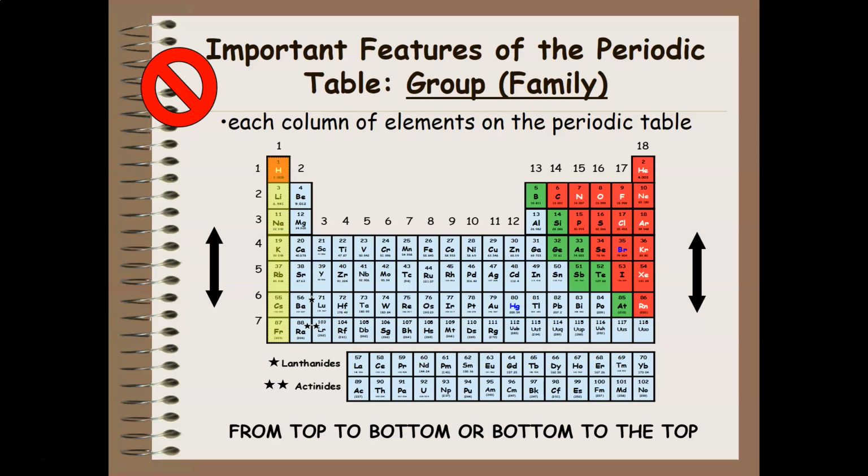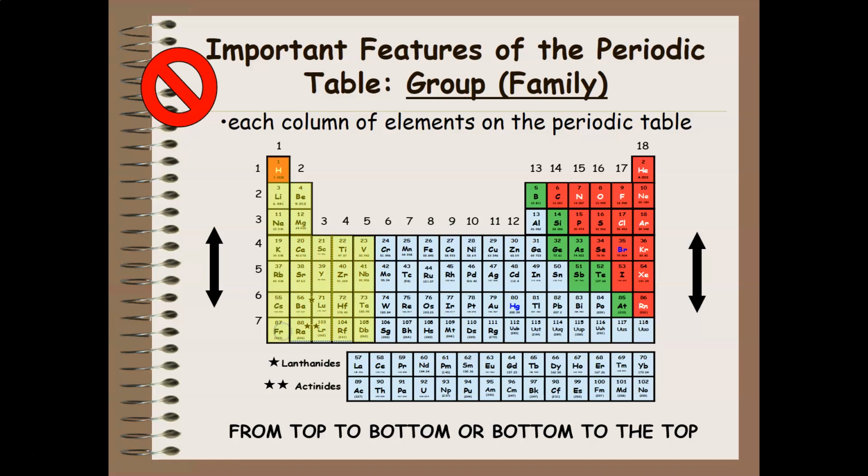I suppose if you're an identical twin, that's not true, but you know what I'm saying, right? So the idea here is that all these elements in this group will have similar characteristics. They will have similar behaviors, but not identical. That's why they called them a family. That's a little bit old-fashioned of a name. We usually call them groups.